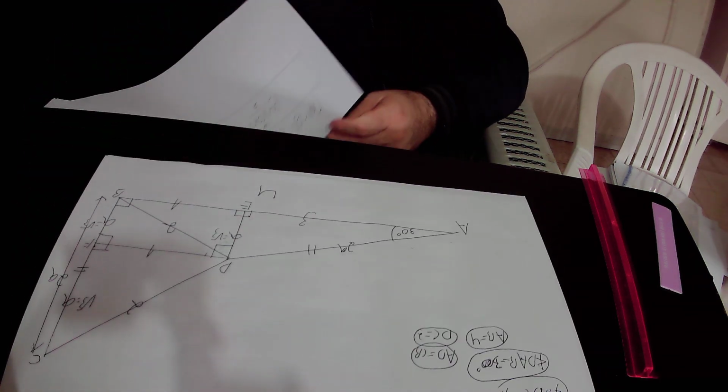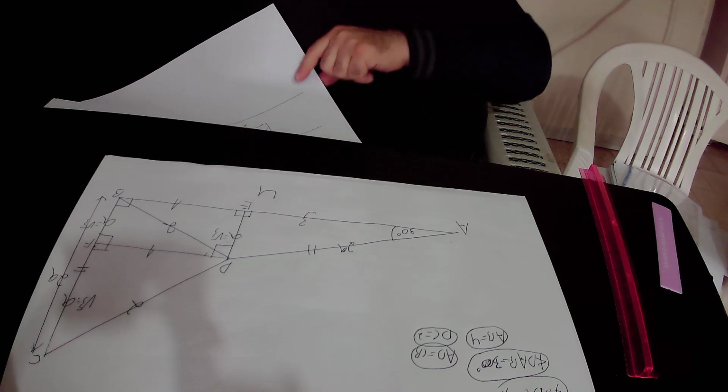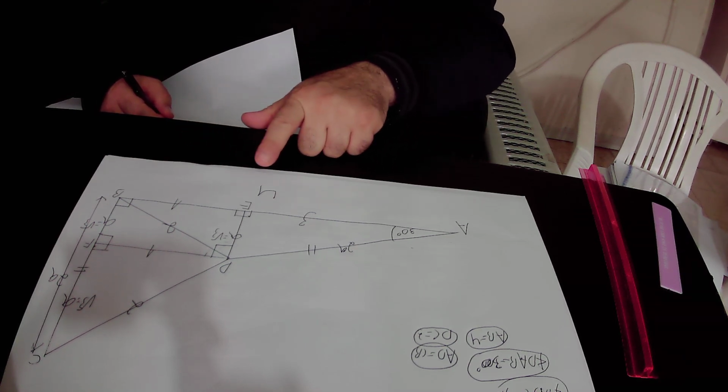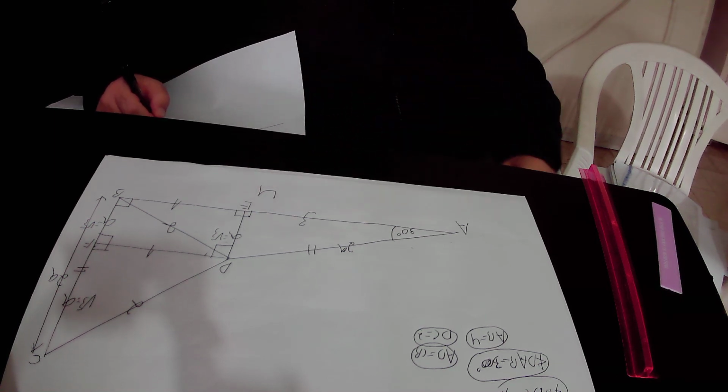And the area of rectangle DEBF will be equal to EB times ED.